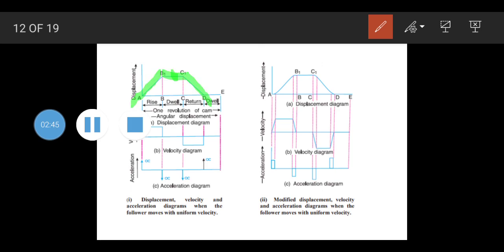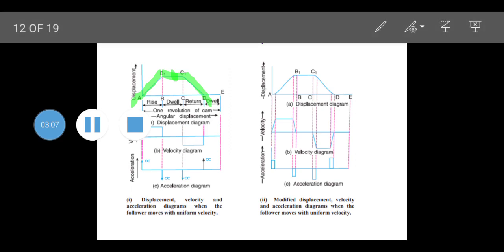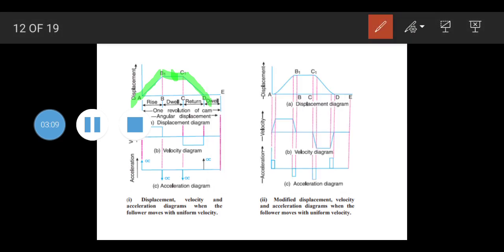Now, in order to construct a displacement diagram, we have to choose a scale for construction of the displacement diagram, say 1 cm is to 20 degrees. Now we will draw a straight line, let's say 18 centimeters.